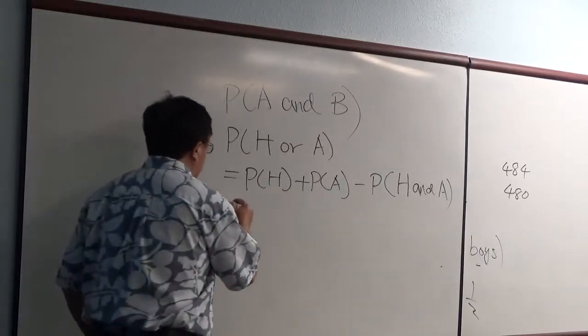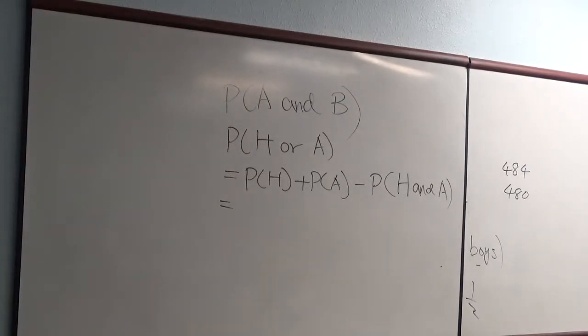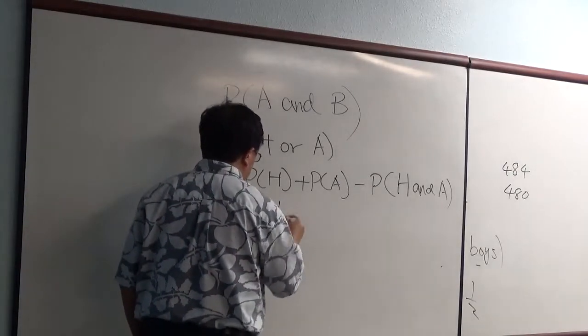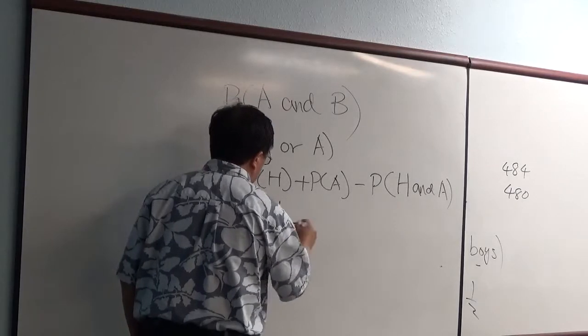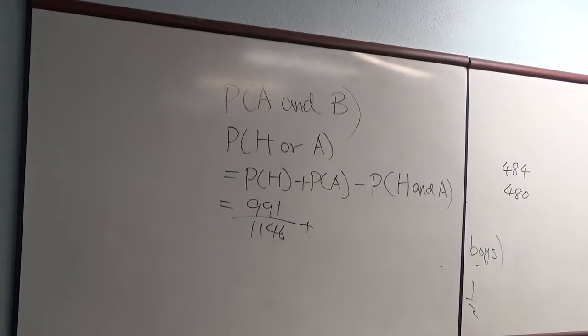The probability of being happy from this table is 991 out of 1146. And that person agree is 287 divided by 1146.